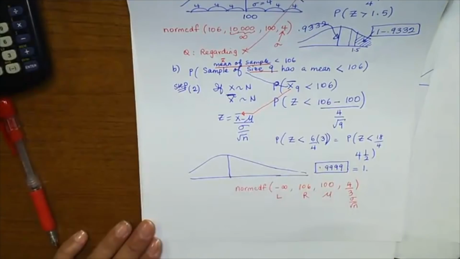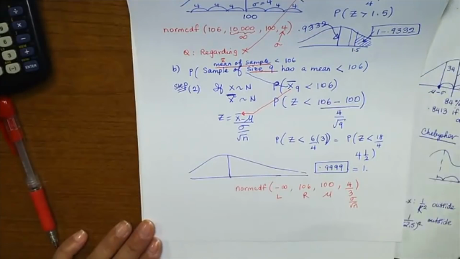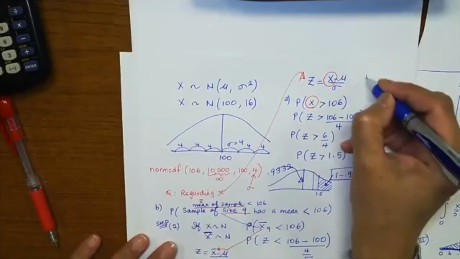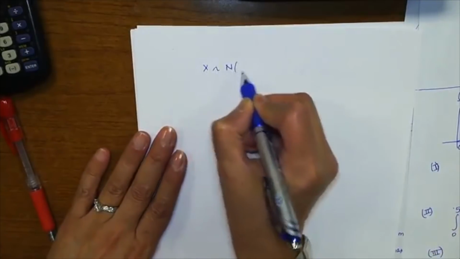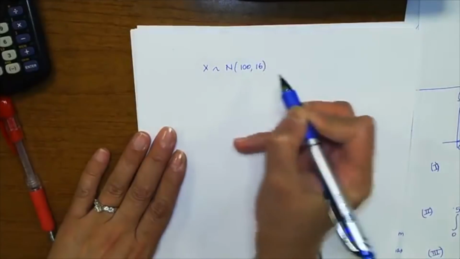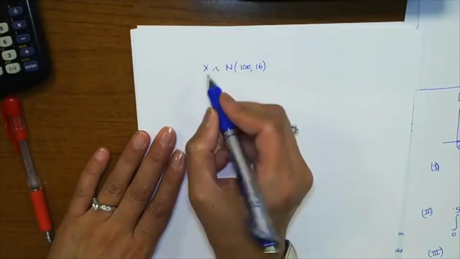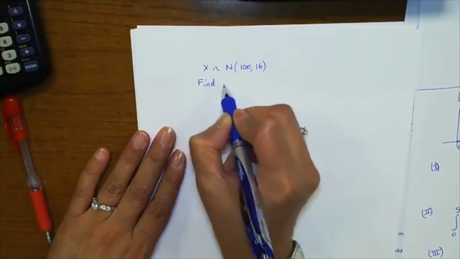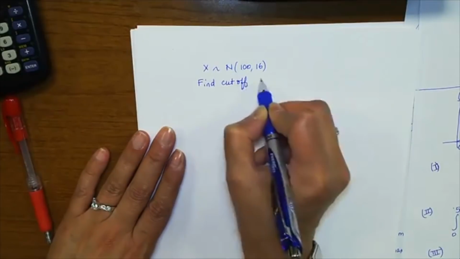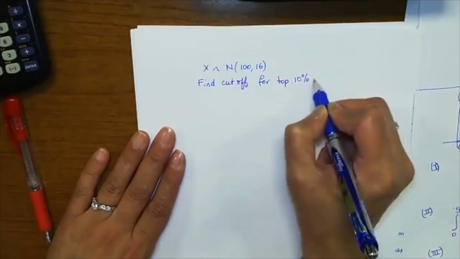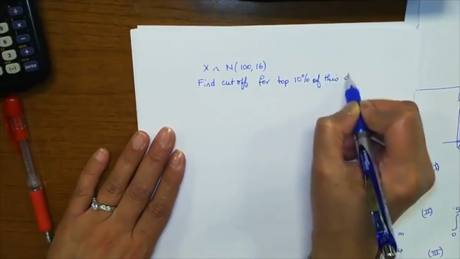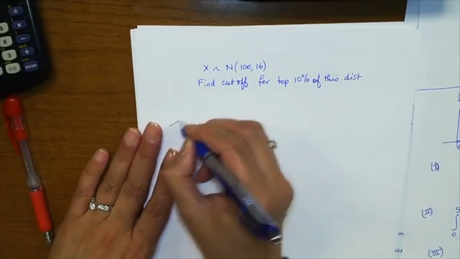Okay, so that was page 4. Then we talked about the same thing. X is normal, mean 100, sigma 4. The question says, find the cutoff for the top 10% of this distribution. Like this, right?